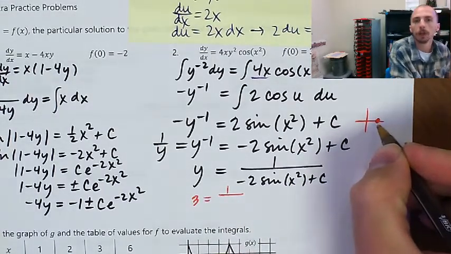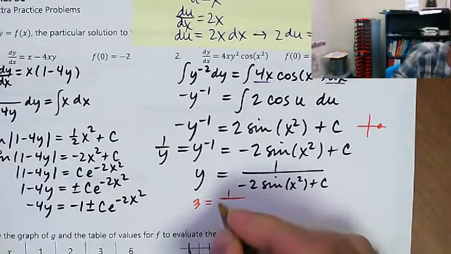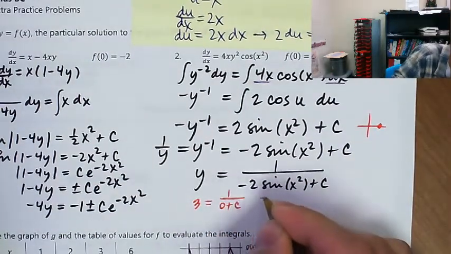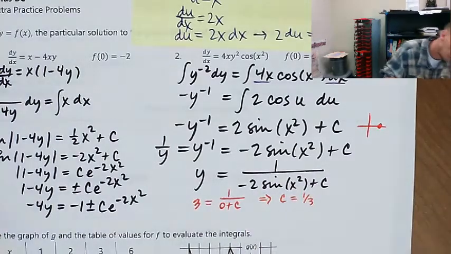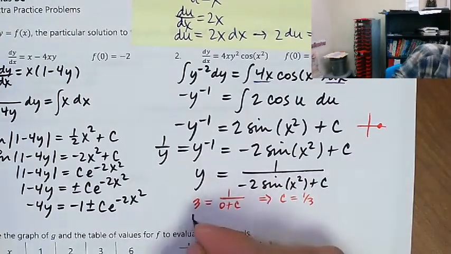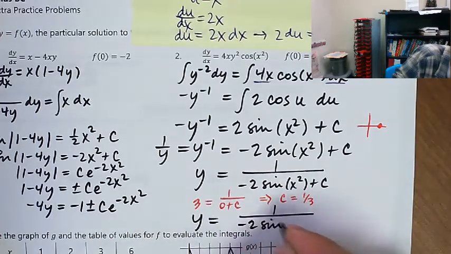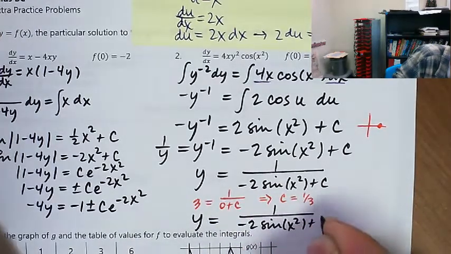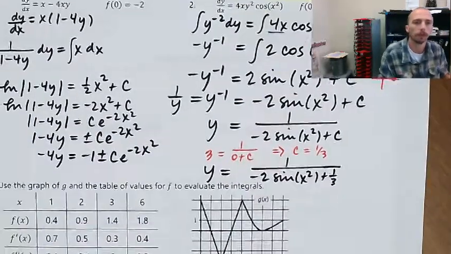That's theta equals 0, and sine of theta is the y-coordinate on this drawing, that's 0. So 0 plus c tells me that c needs to equal 1/3. And then my solution is y equals 1 over negative 2 sine of x squared plus 1/3. And that was some good separation of variables.